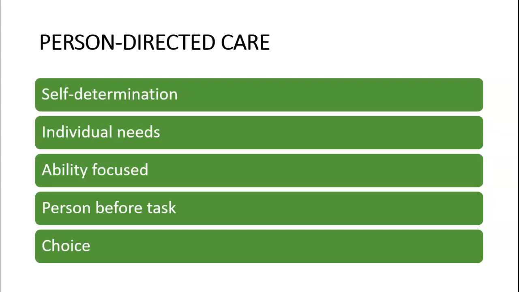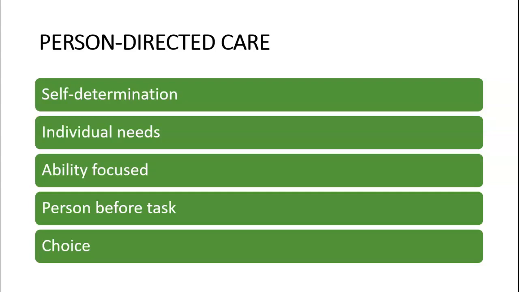Another really important part of care and the focus of where care has gone nowadays in healthcare is person-directed care. In the past, everything was kind of revolved around the facility. So everybody had to get up at a certain time to go eat breakfast, and everybody had to have showers at certain times on certain shifts.